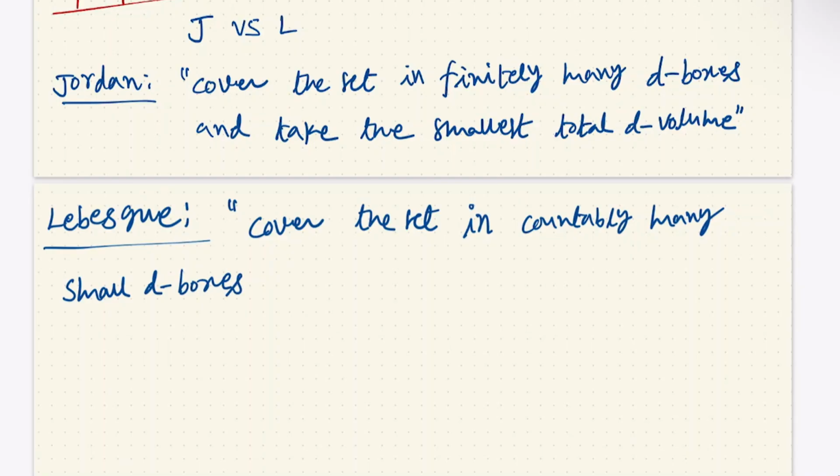You don't need to mention small, but of course we have to refine every time. There is no expression for how small, so we can write small D boxes without loss of generality, and take the smallest total D volume.